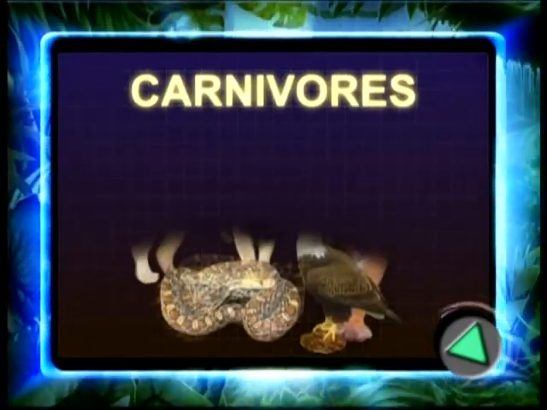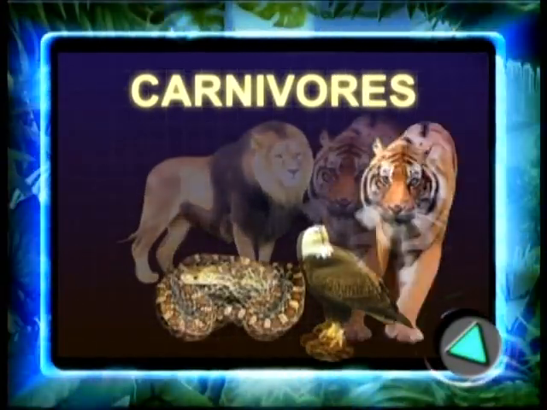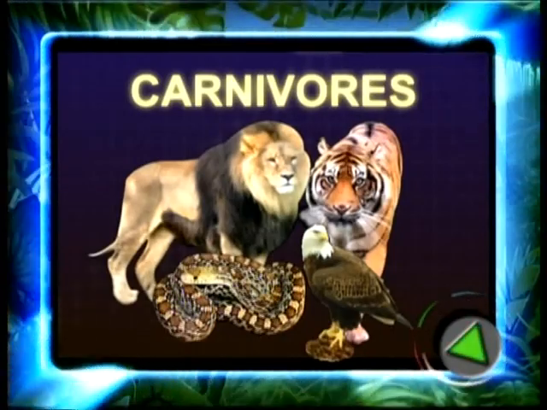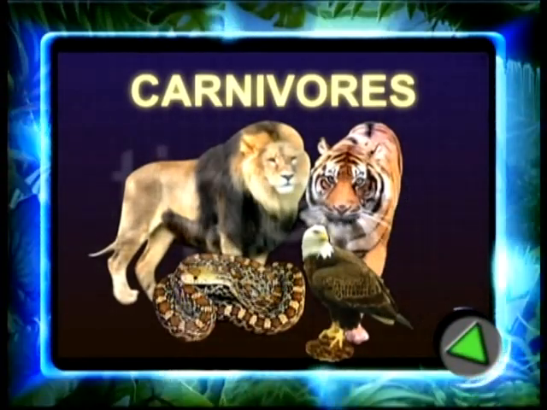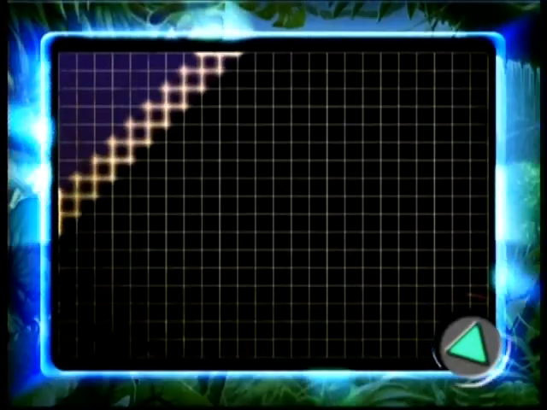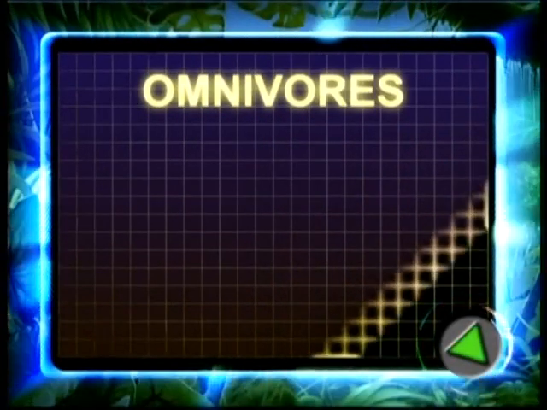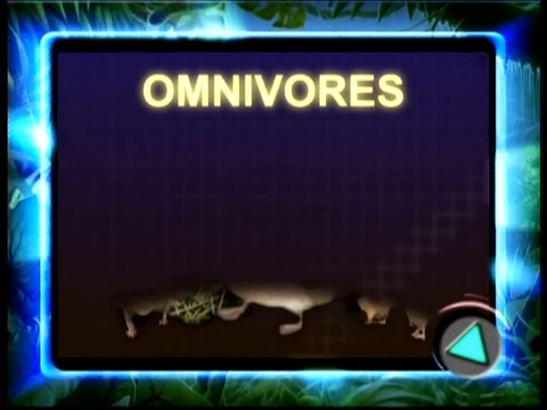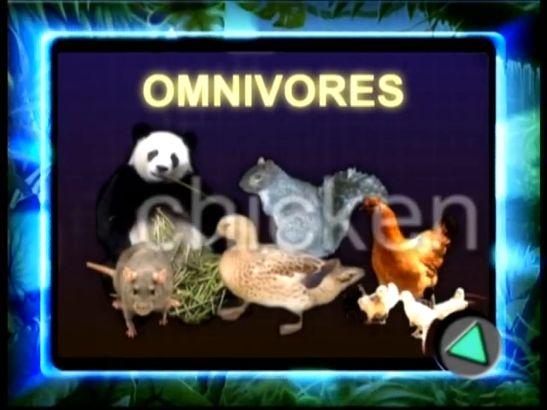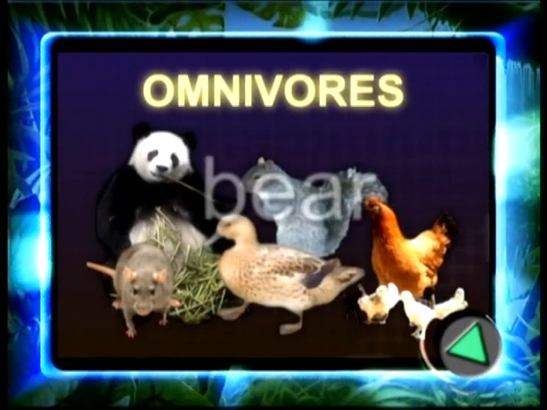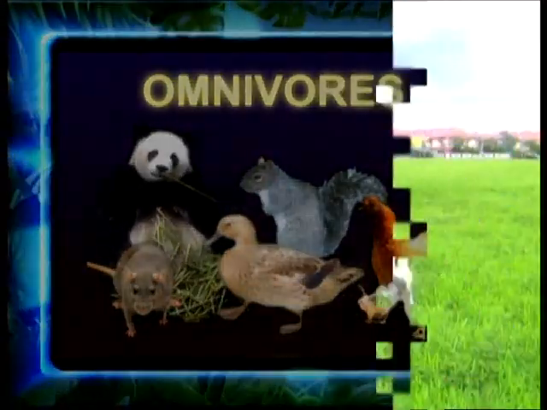Carnivores only eat animals. Examples of such animals are snakes, eagles, tigers, and many more. Omnivores eat both plants and animals. Examples of such animals are chickens, ducks, bears, and many more.